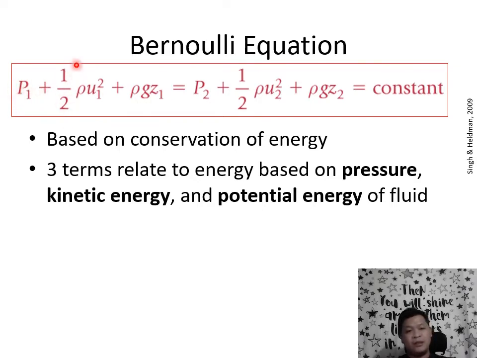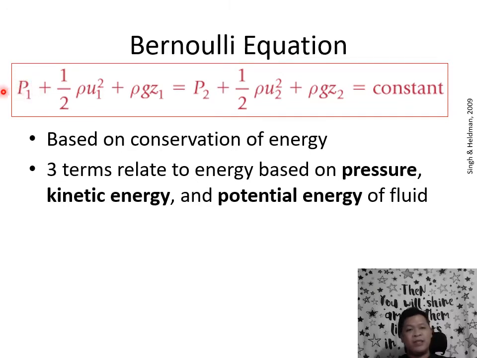The second term is density velocity squared, parang 1/2 mv squared yung katumbas nito. So this is related to the kinetic energy. So pwedeng tumaas or bumaba yung kinetic energy either sa loss of pressure or kapag halimbawa nag-increase ka ng height.